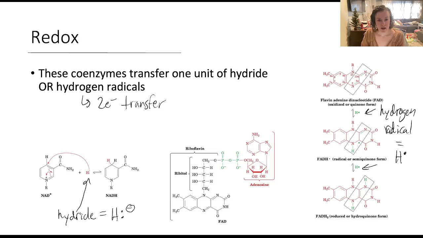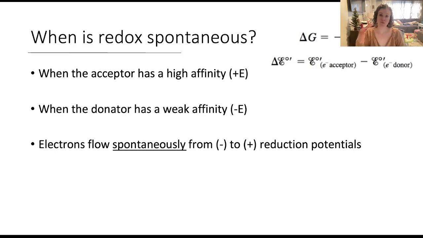So when does redox release energy? When the acceptor of the electrons has a high affinity for the electrons, or a positive reduction potential, and when the electron donor has a weak affinity for those electrons, or a negative or small reduction potential.